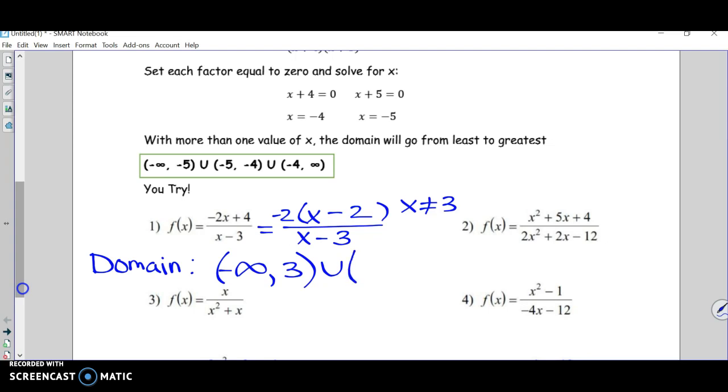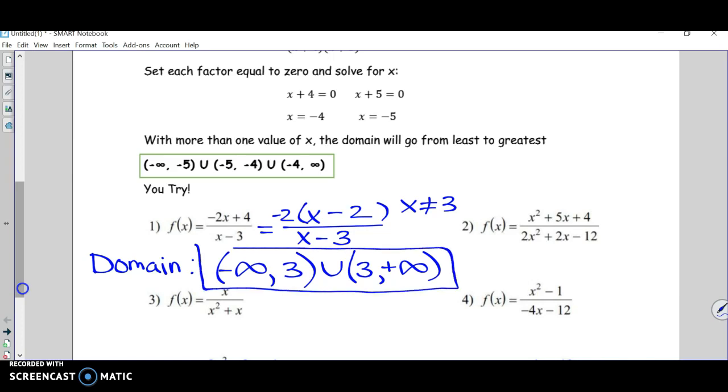We are going to pick back up where we left off. Do I have any more domain restrictions or anything to worry about? No, so the far right side of my number line or my x-axis is going to go to what infinity? Positive infinity. Okay? So this is now my domain. That's it. You will always start with negative infinity and end with positive infinity.